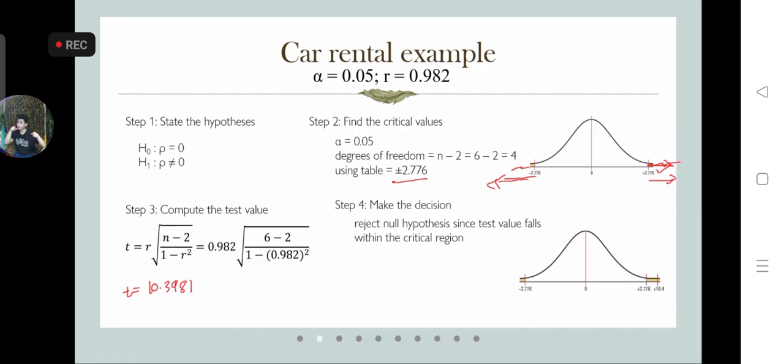So if it is within the critical region, we reject the null hypothesis, meaning we accept the alternate hypothesis.